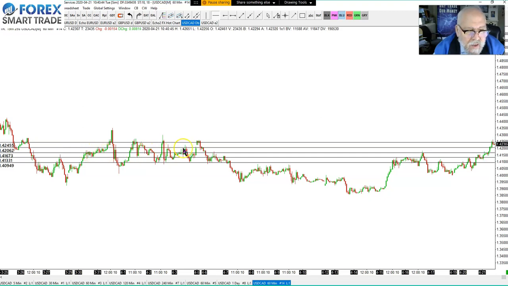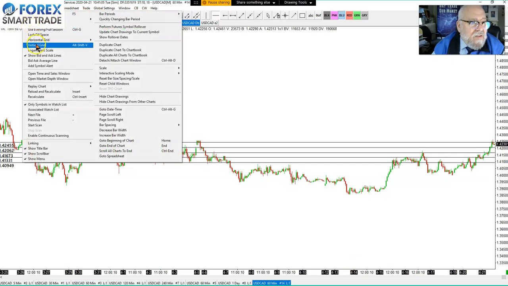So I'm seeing stopping here, stopping here, stopping here, stopping here. So that puts us 06 to 45. That's about 39 pips. So that's good.